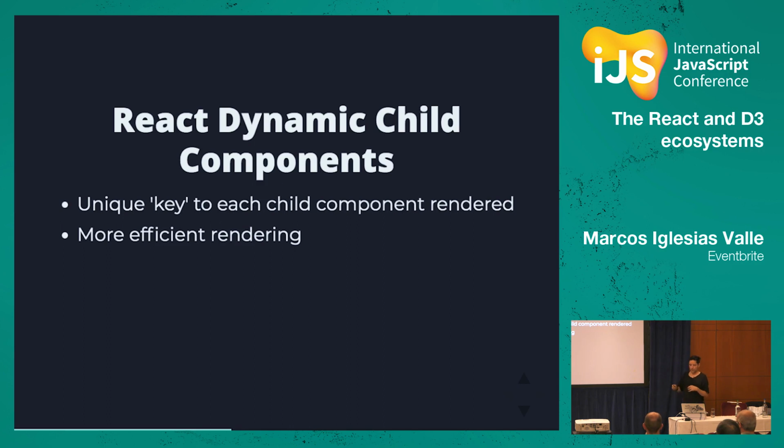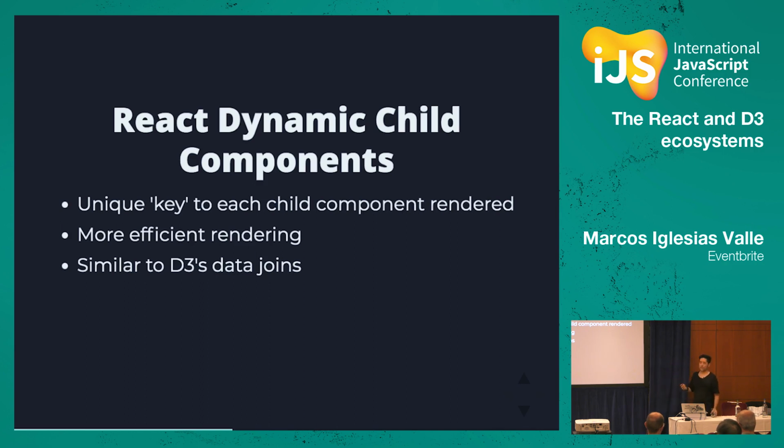So here you see how it's similar to D3 in the sense that React uses unique keys that you need to pass in, and they need to be unique. So usually you will use an ID if it's possible, right? Well, on D3, what it does is use the data itself. But also, you can specify what part of the data you want to use as the key.